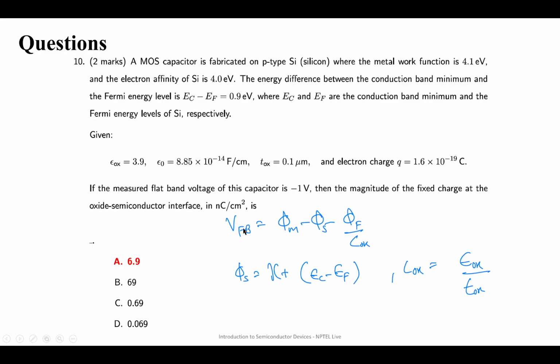We had seen that the flat band voltage VFB is equal to phi ms minus QI by Cox, where QI is your fixed charges or interface charges.